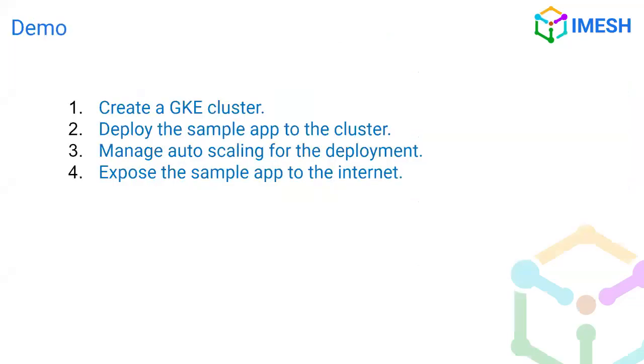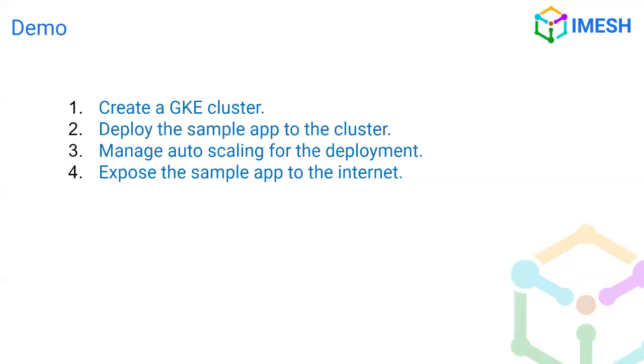As a part of the demo, these are the 4 steps we want to execute. In an enterprise environment, it works like this: once the developer creates a file, they build a container image through maybe some Docker file or some other image file, and then they need to create a GKE cluster.